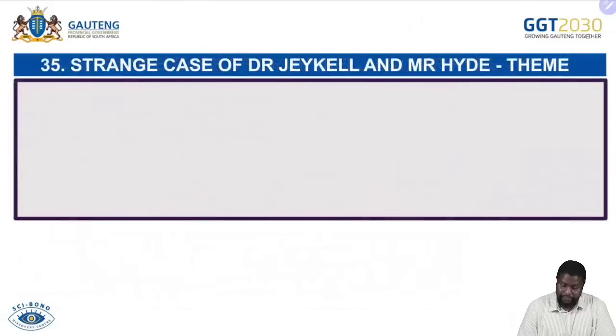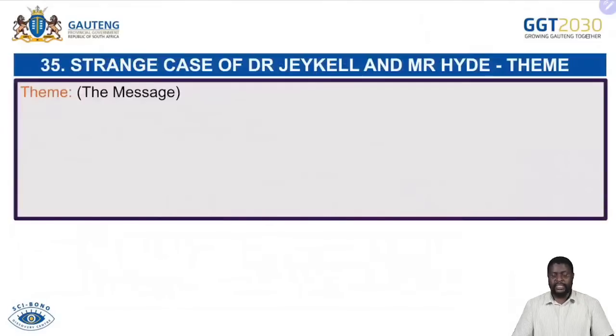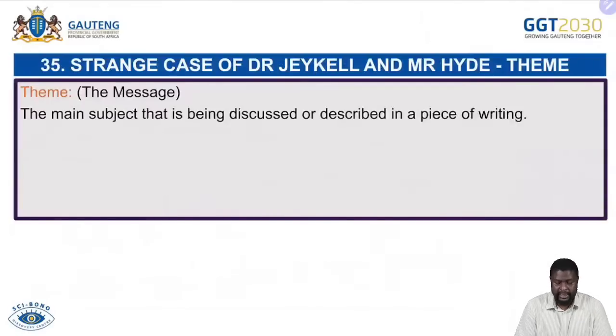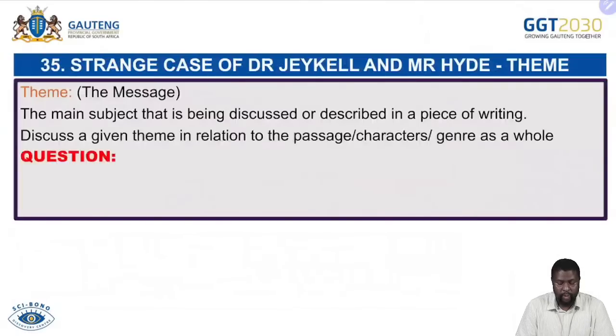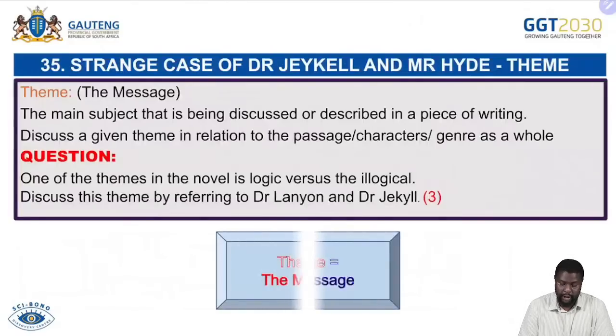Moving on, the theme question. The theme is the main subject that is being discussed or described in a piece of writing. Please remember that is our theme. Discuss a given theme in relation to the passage or characters or genre as a whole. One of the themes in the novel is logic versus illogical behavior. Discuss this theme by referring to Dr. Lanyon and Dr. Jekyll.